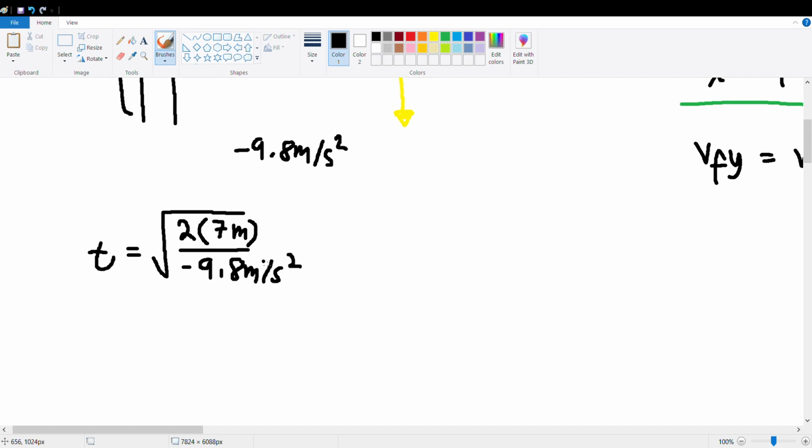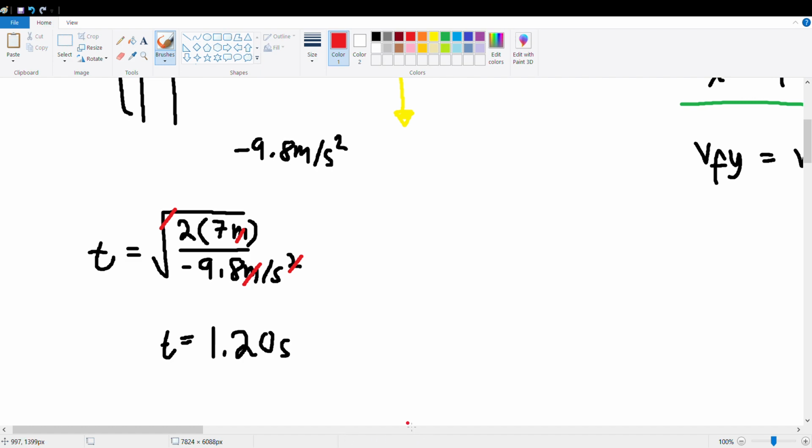You're just going to calculate this in a calculator. So the answer would be 1.20 seconds. We cancel out meters here and the square root from the square, and that will give you 1.20 seconds.